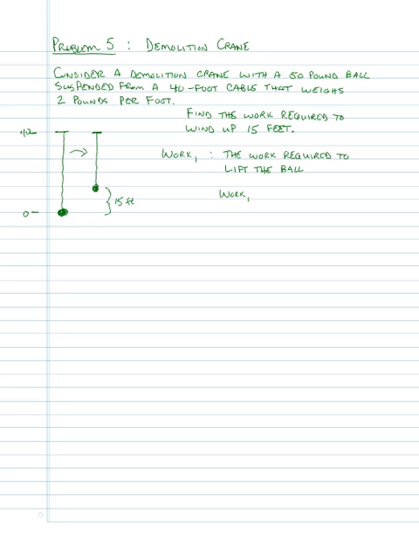Work sub 1 is going to be the weight of the ball, the force represented by the weight, times the distance it's being lifted. So that's the weight, 50, and the distance it's being lifted is 15. 50 pounds, 15 feet, so that ends up being 750 foot-pounds. So that's very straightforward in terms of lifting that ball.